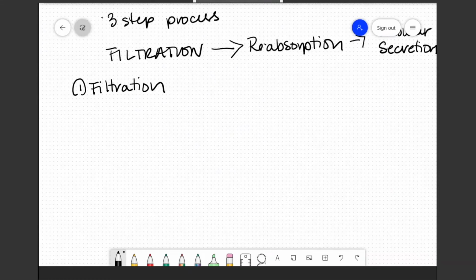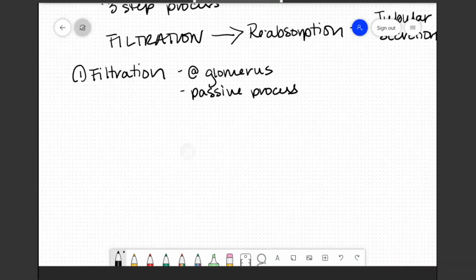So filtration is going to happen at the glomerulus. So we'll go up there and look at that in a second. It is a passive process. So what you are doing with filtration is you are simply going to take part of the blood from the capillaries and you are going to filter it into the proximal convoluted tubule.